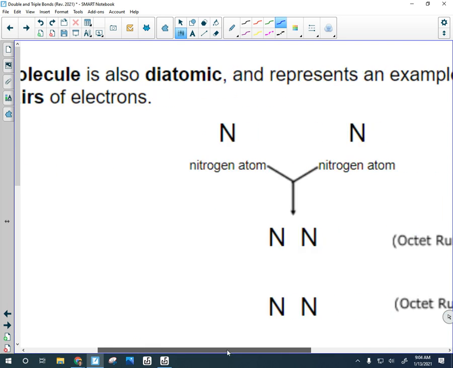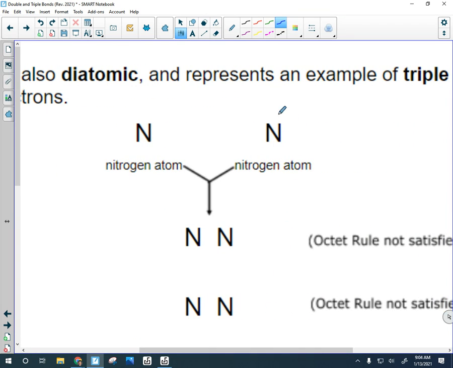So nitrogen is in group 5A, 5 valence electrons, which we would normally draw as 1, 2, 3, 4, 5. Same thing on the left, 1, 2, 3, 4, 5. If we just simply overlap them like we did with single bonding, we've essentially got that on the left, no change.